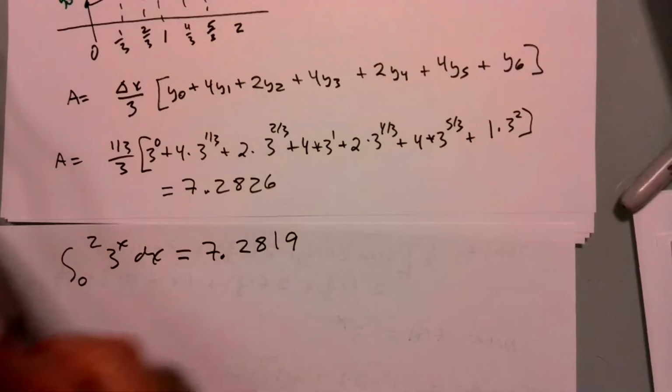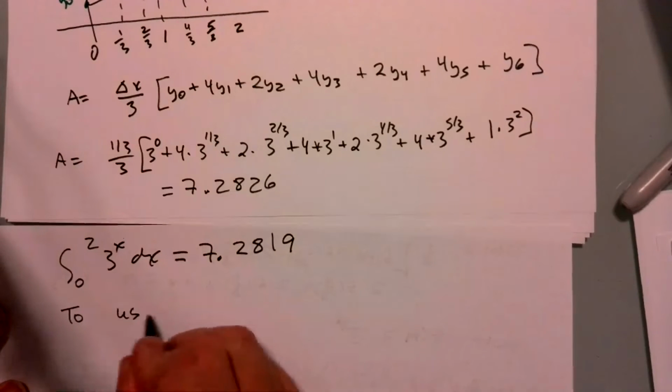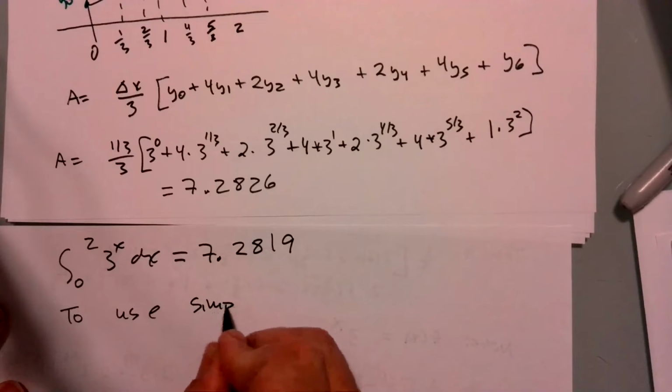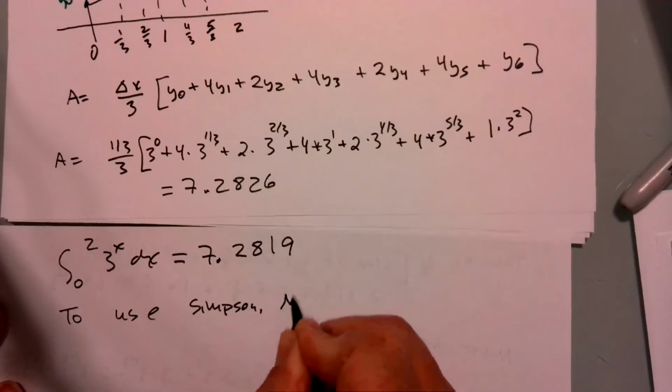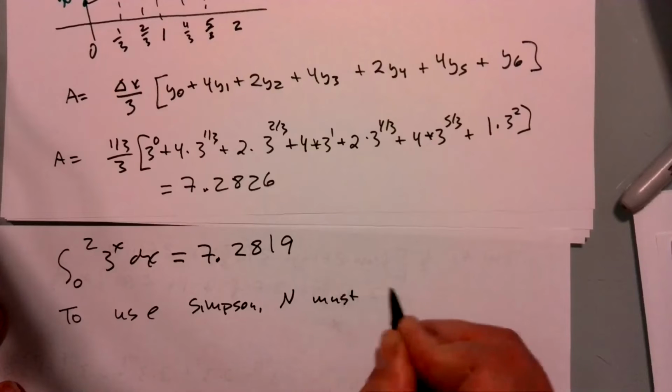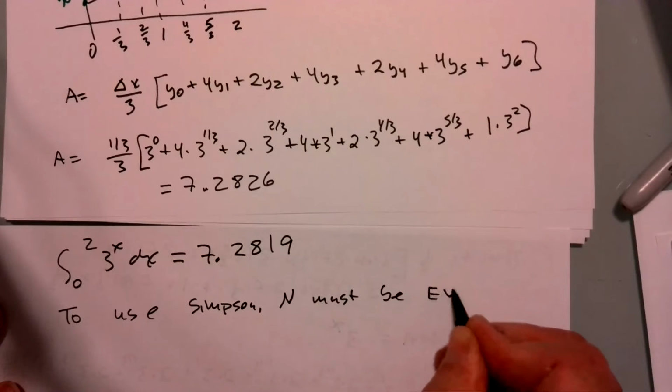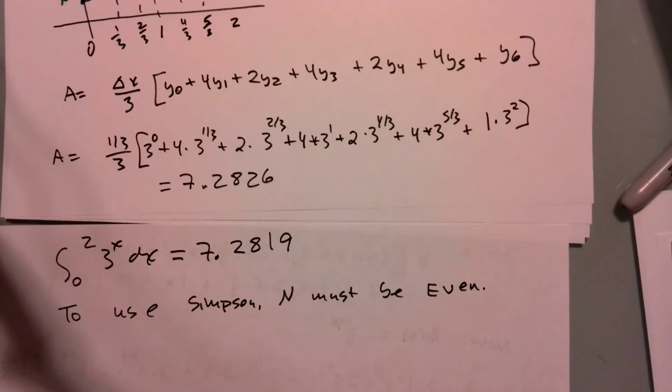To use Simpson, n must be even. To use trapezoidal rule, n could be even or odd. But the pattern 1, 4, 2, 4, 2, 4, 2, 4, 1 will not work if n is odd. N has got to be even for that to work.